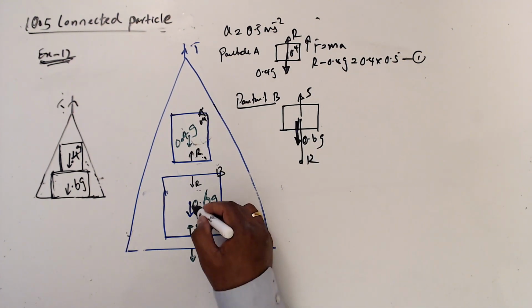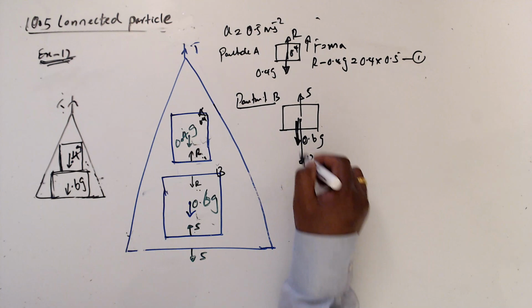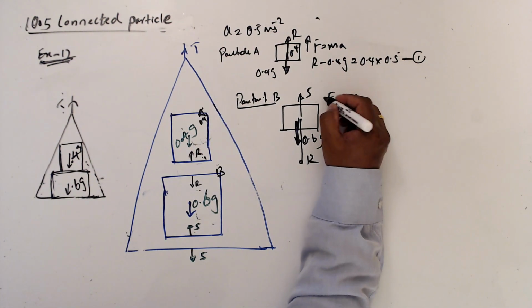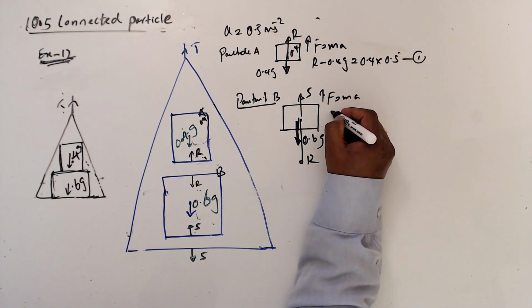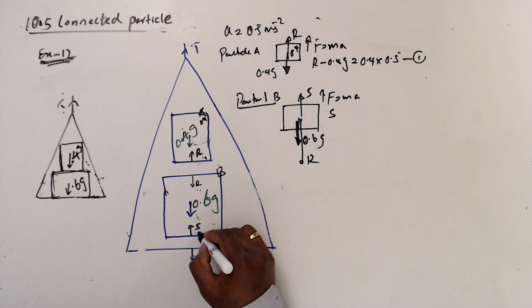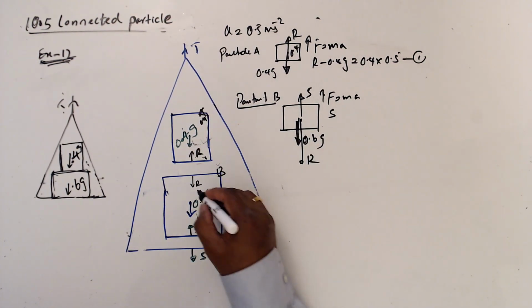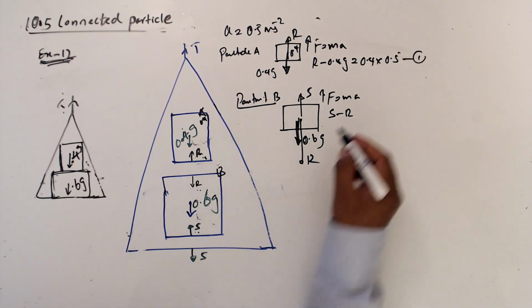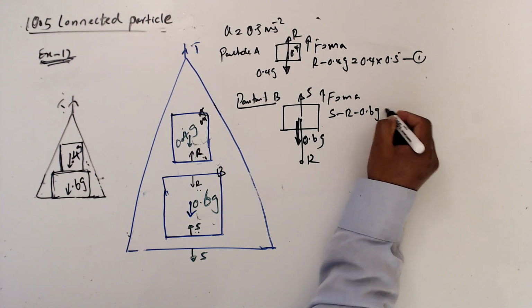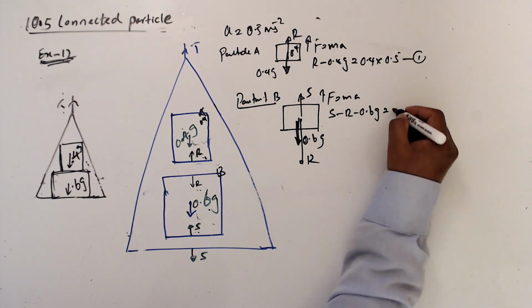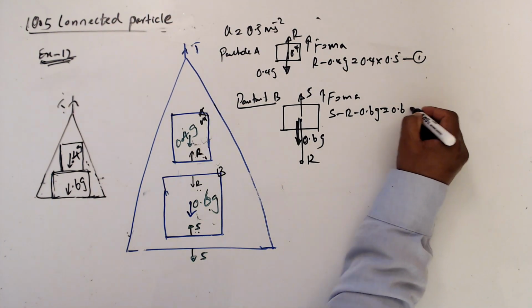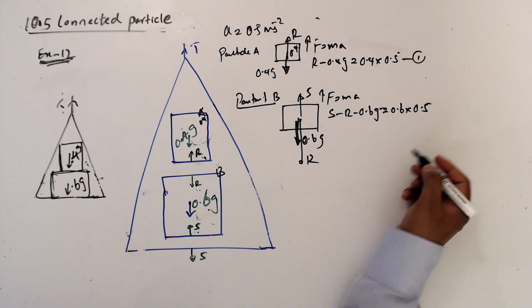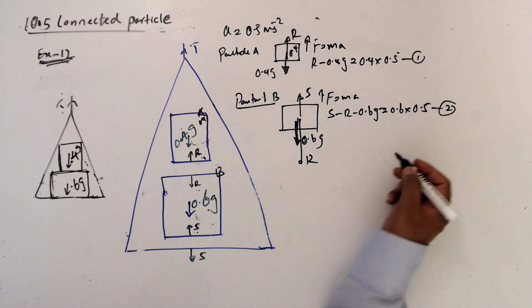S I'll bring from the middle to upward, and F equals MA upward. So S minus R minus 0.6 g equals, the mass is 0.6 times A, which is 0.5. So this is the second equation.